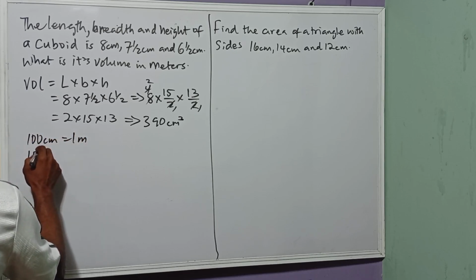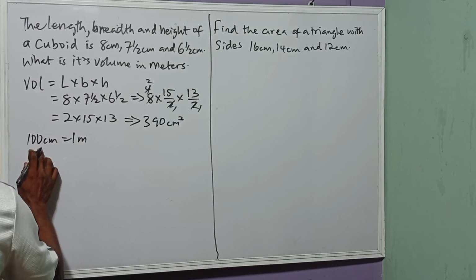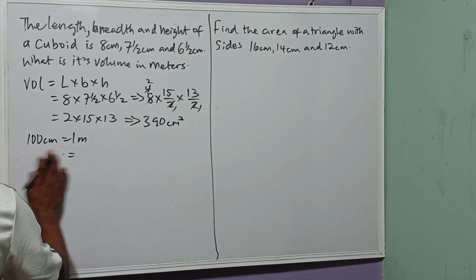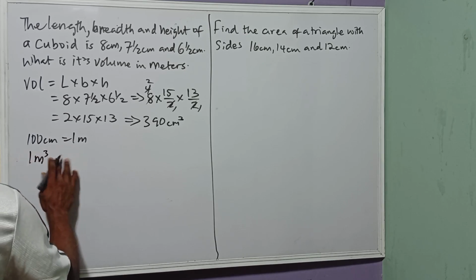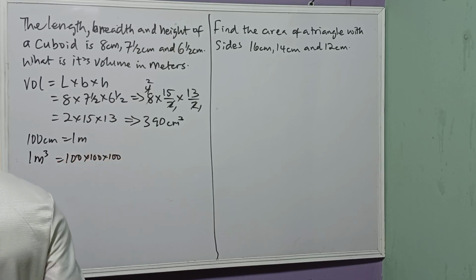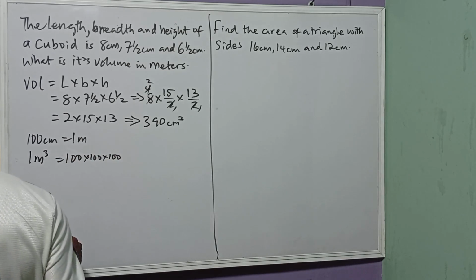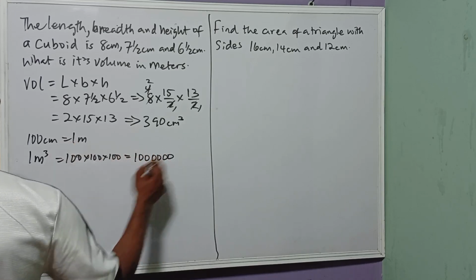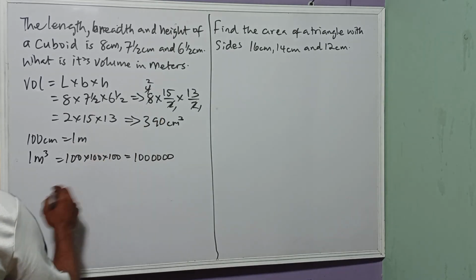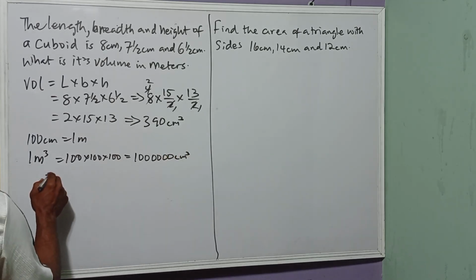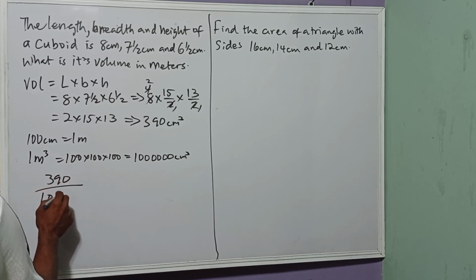So for 1 meter cube, it will be 100 times 100 times 100, which would give us 10 to the power 6. So now we are going to divide our 390 by this. So this becomes 390 divided by 10 to the power 6.